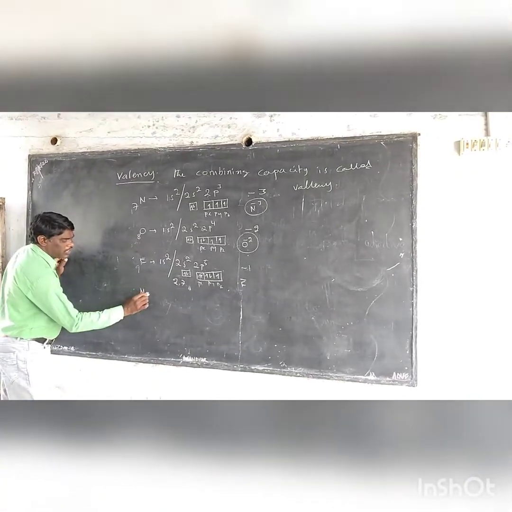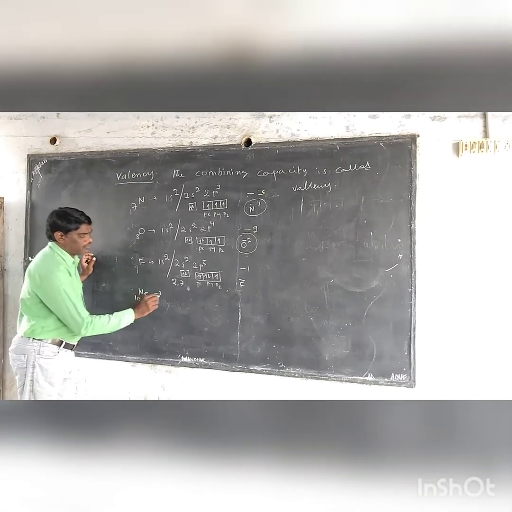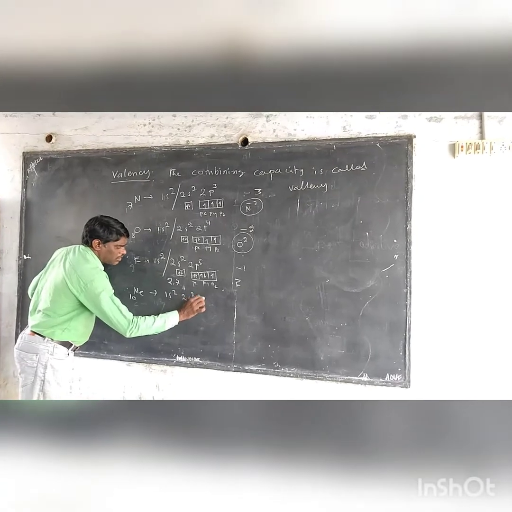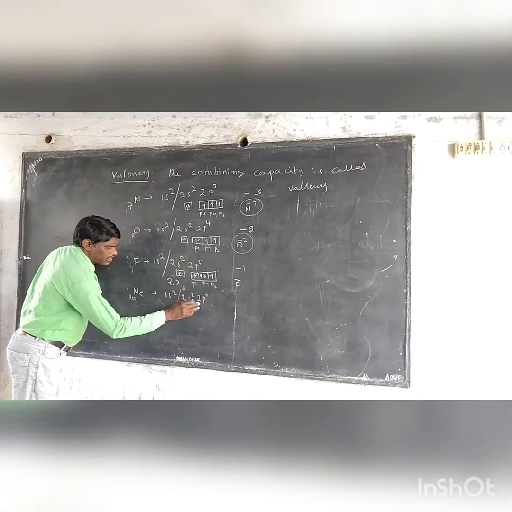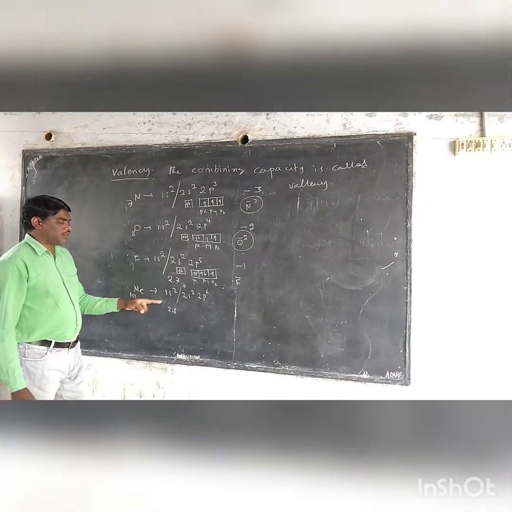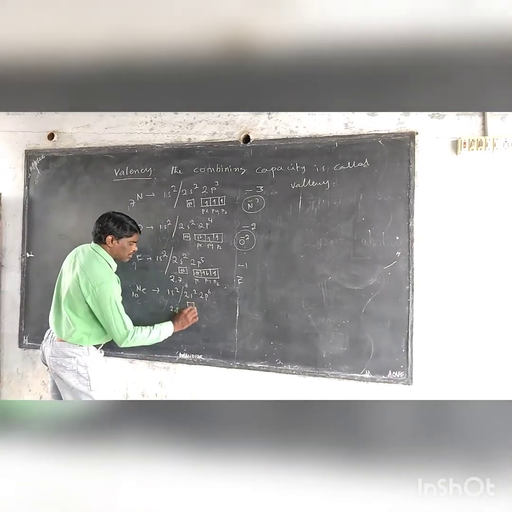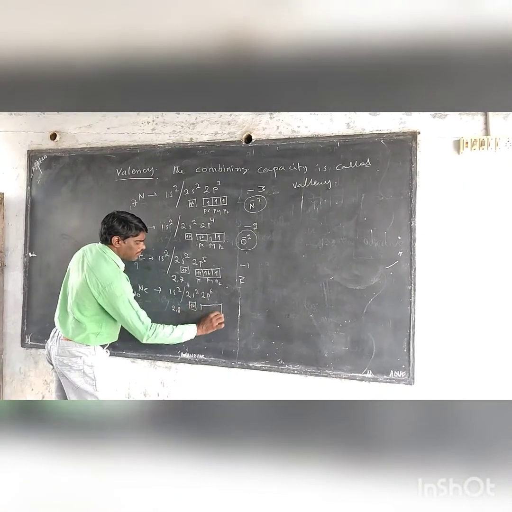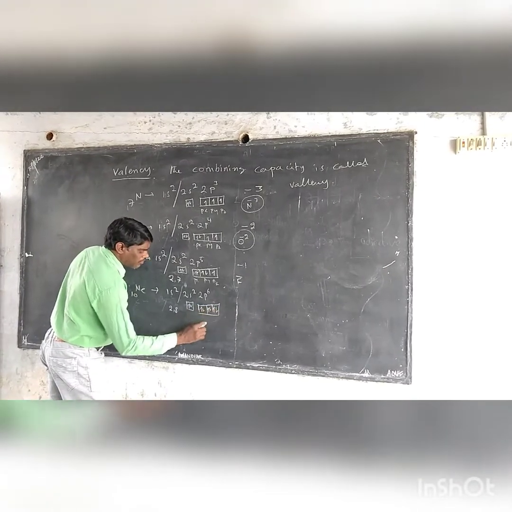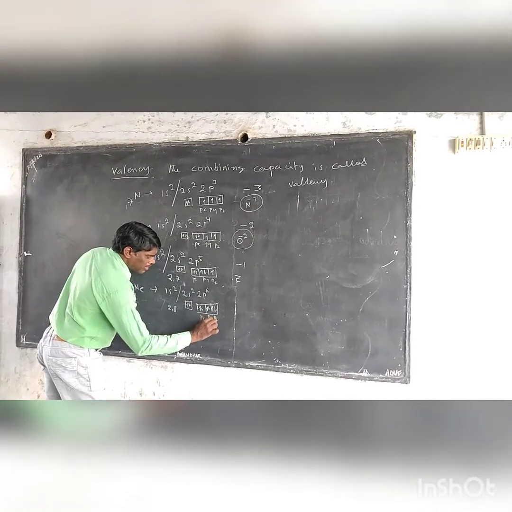Now the last one is a noble gas. Neon is a noble gas with a full-fill configuration 1s2, 2s2, 2p6. So first shell and second shell is 2, 8: the first shell has 2 and the second shell 8 electrons, and the total is completely filled. The s orbital is completely filled, and the 3 p orbitals are also completely filled. So px, py, pz orbital electrons are completely filled.